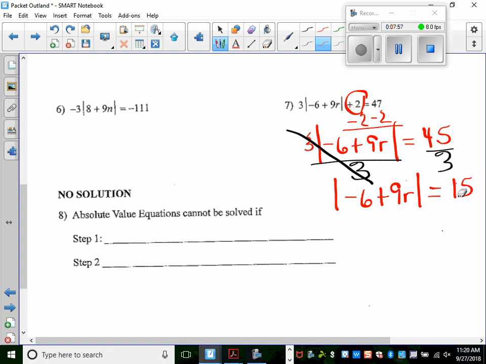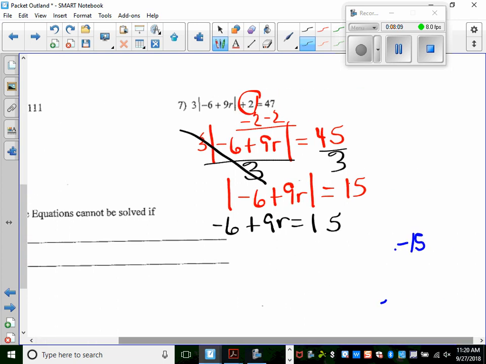Now I'm going to drop the bars and write it exactly like I see it. That's one of my equations there. When I write the second one, I'm just going to change it to a negative 15. Go ahead and solve both.